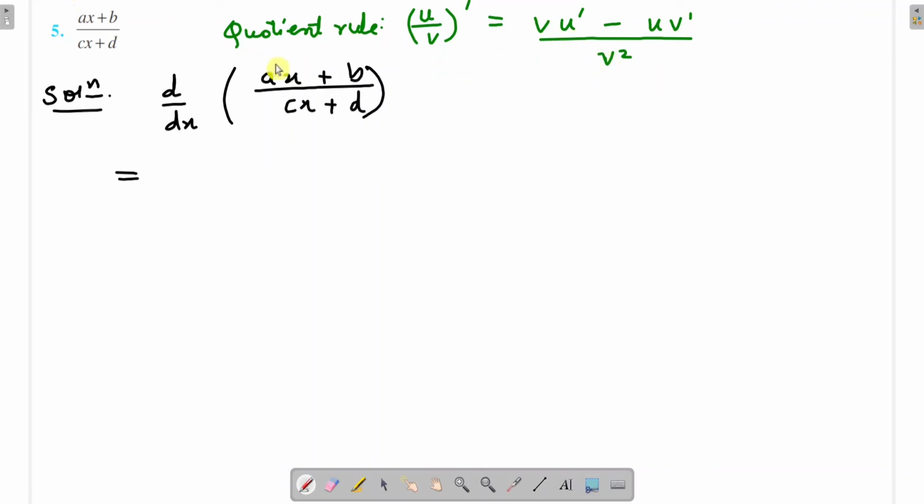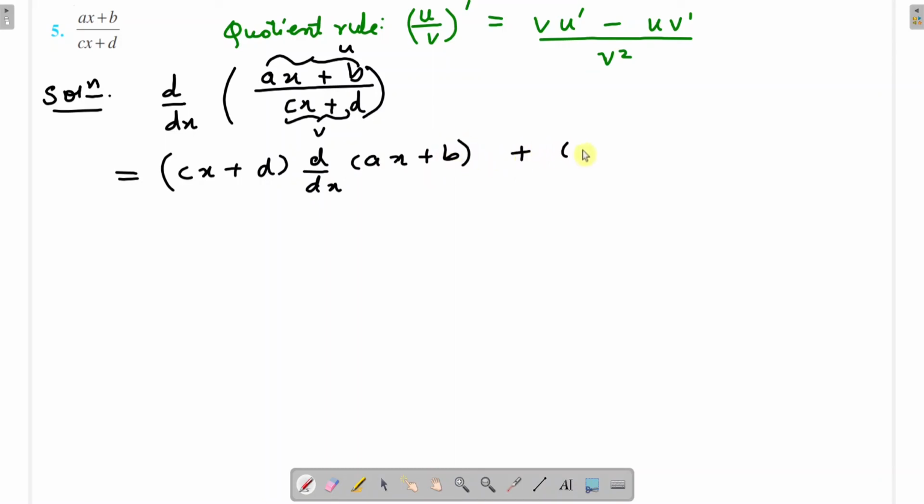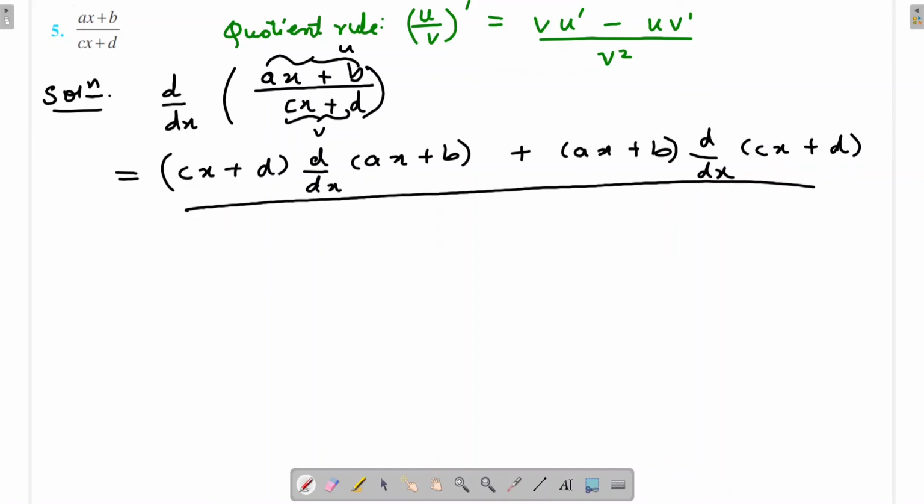So here this function is u and this function is v, so what will we get? v, cx plus d, times the derivative of u, plus u, that is ax plus b, multiplied by the derivative of v, that is cx plus d, and this is all divided by cx plus d the whole square.